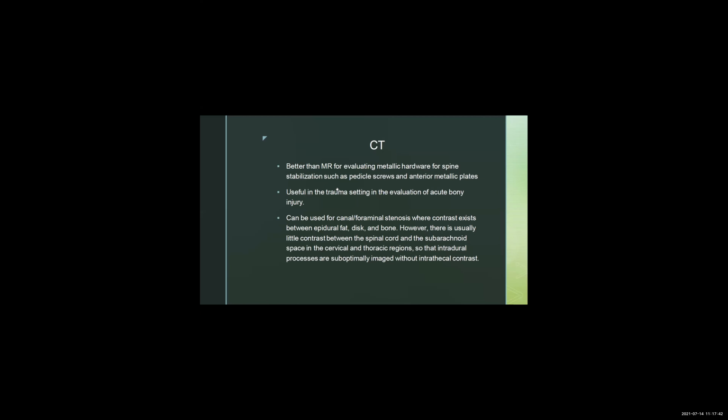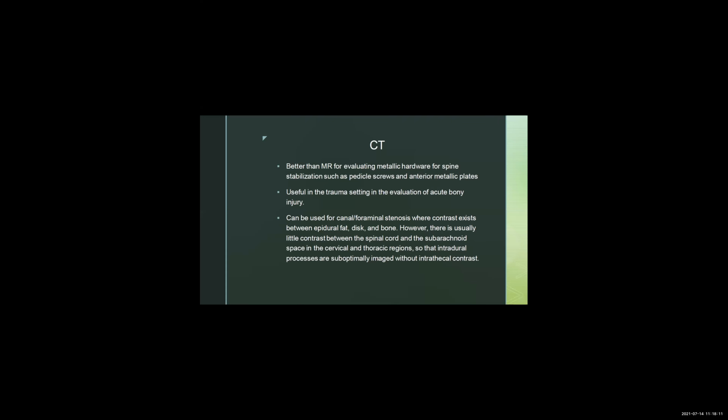CT is better than X-ray. CT, or a CAT scan, is essentially like an X-ray, but what they do is they get X-rays almost in 360 degrees, almost like in a circle. So it's a lot more radiation compared to a regular X-ray, but you get to see a lot more of what's going on. In addition to the bones, you get to see the soft tissue, the fat, the intervertebral discs, much better relative to an X-ray.